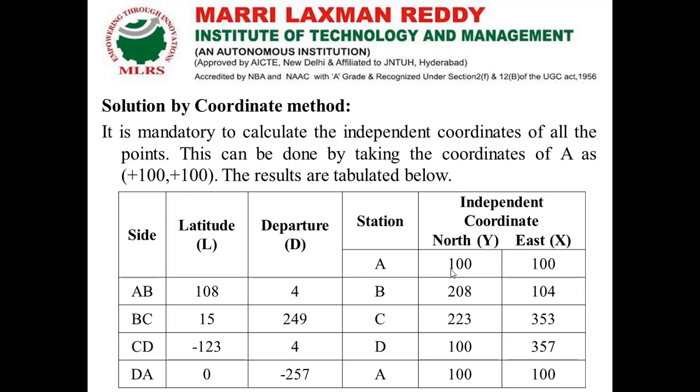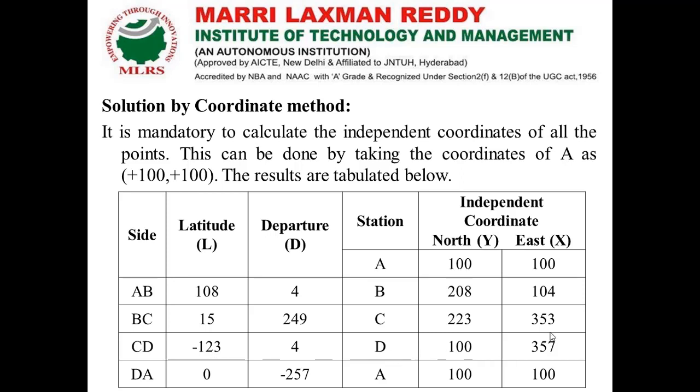So 100 plus 108 gives the answer of 208. And similarly with respect to easting, 100 plus 4, 104. Again 208 plus 15, so that is 223. Here 104 plus 249, so that is 353. Next, 223 minus 123 gives the answer of 100.